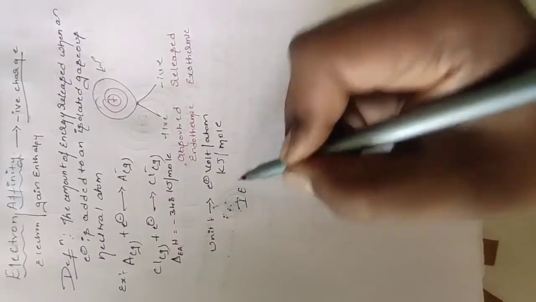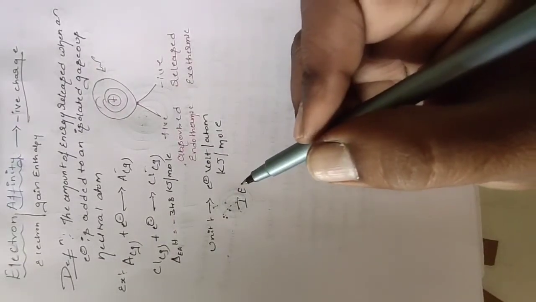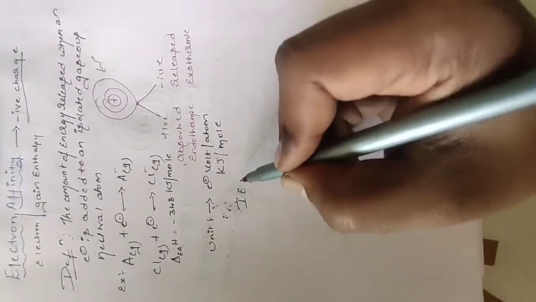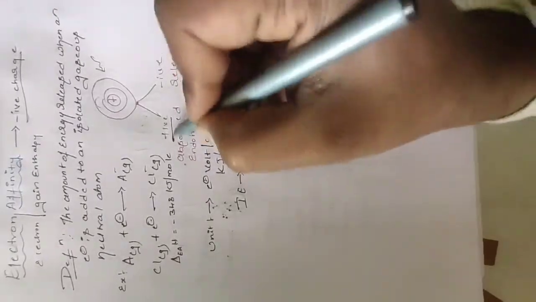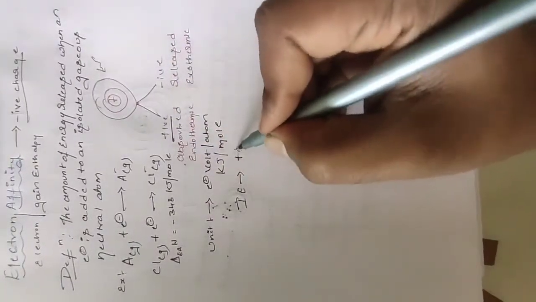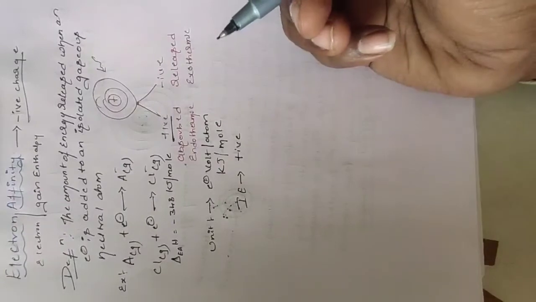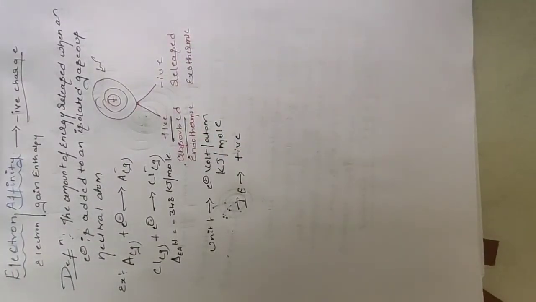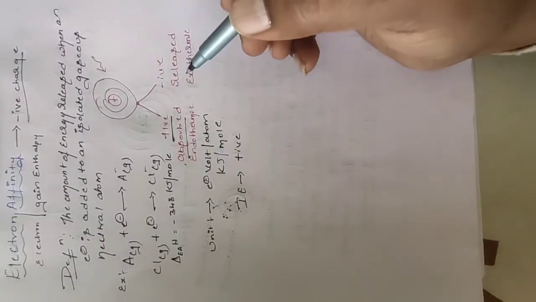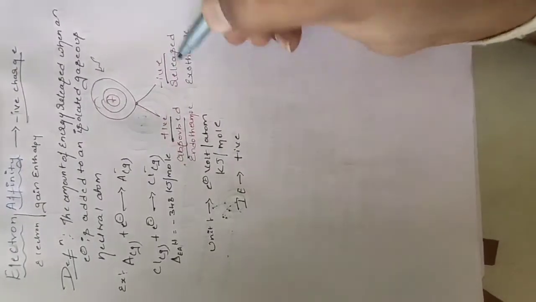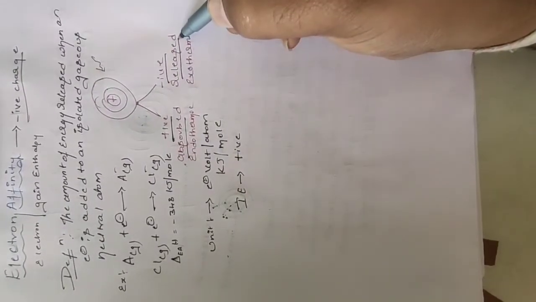Ionization energy will be positive, because energy is absorbed. When it comes to electron affinity, it will be negative because energy is released.